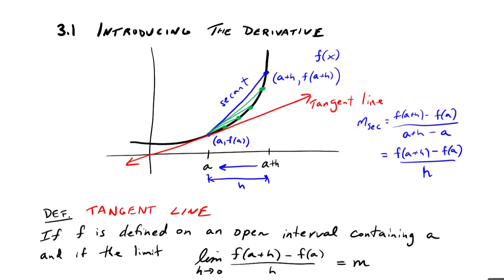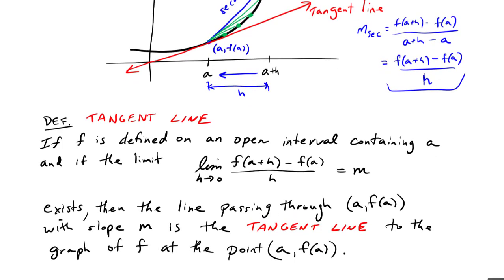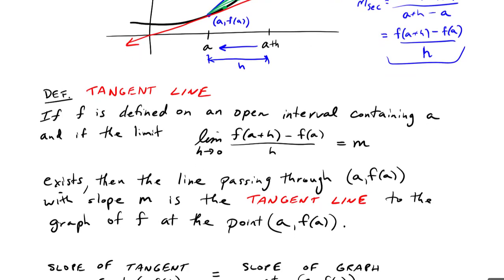So that's just rewriting it, and that was one of the forms we had mentioned. So there's a form for the secant line, or the average rate of change. And so what we're going to do is take that in the limit as h approaches 0. And what we're going to get is, in fact, a way to define the tangent line.